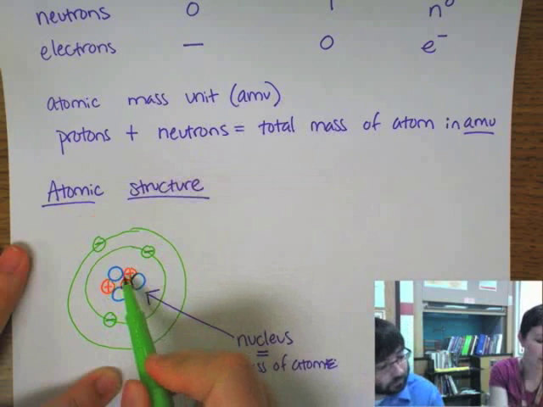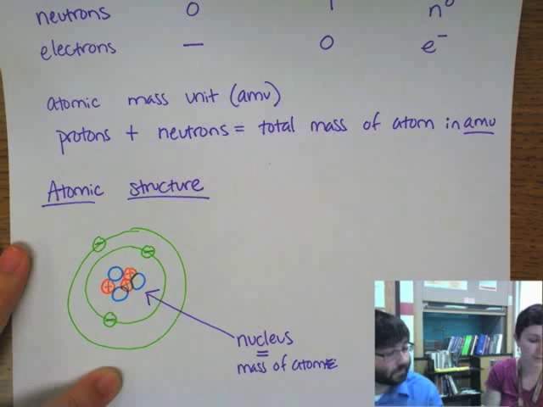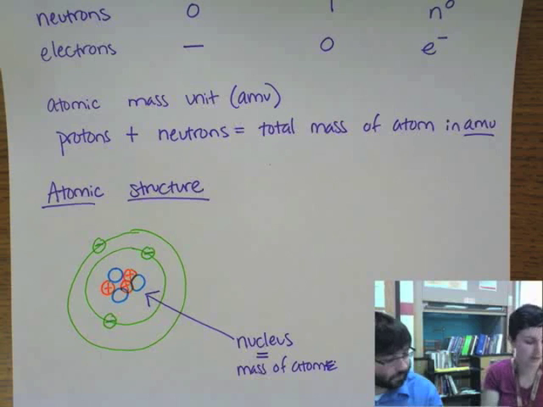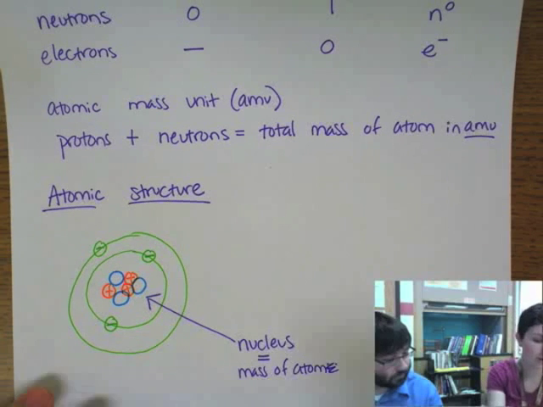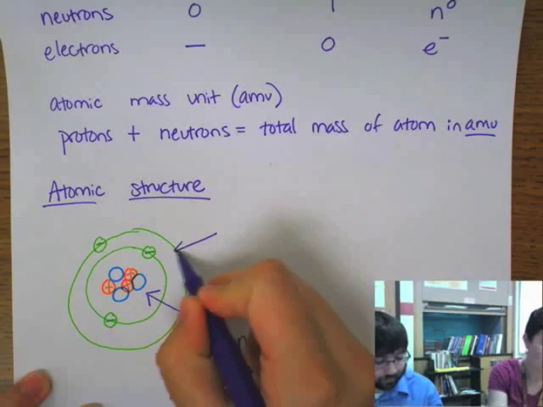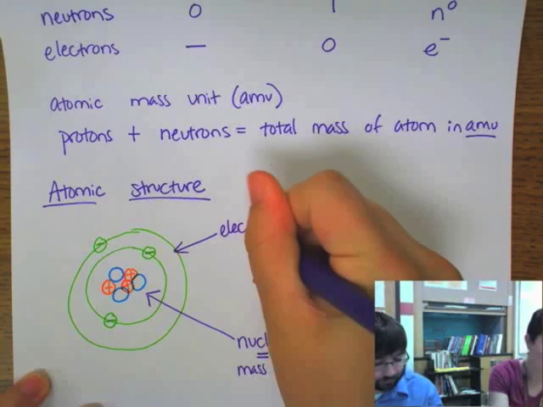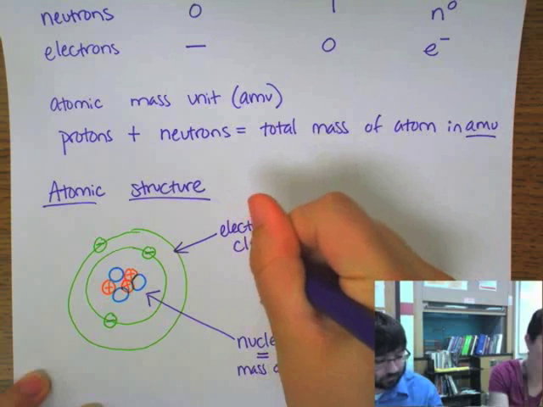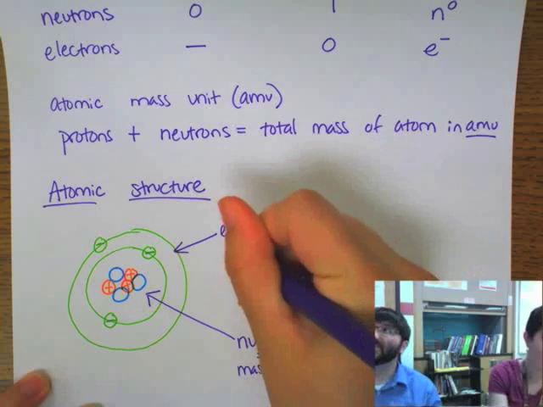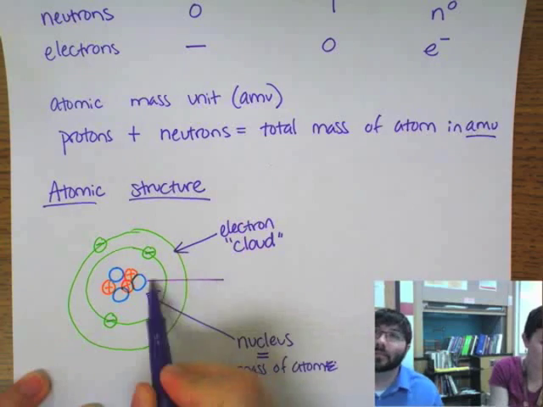So I got 3 protons and 3 electrons. So that's a nice neutral atom. Cool. And you said this is the electron cloud. Okay, and I'll label my protons and neutrons.